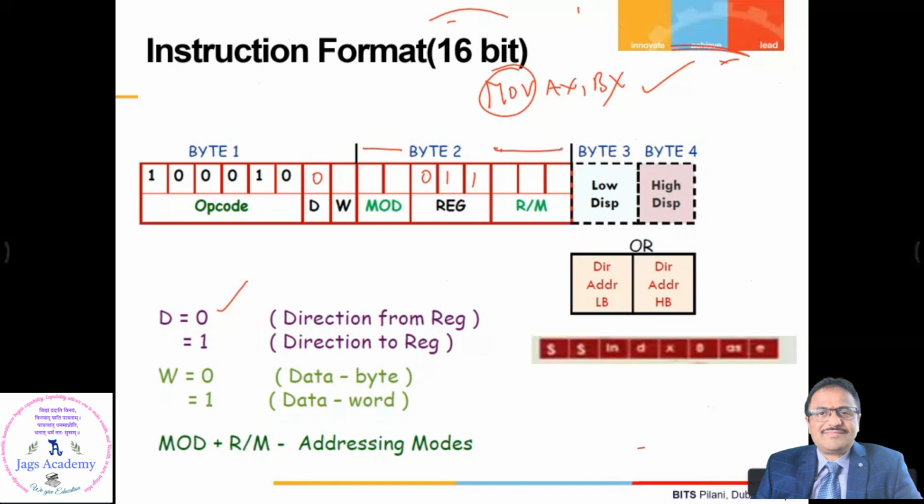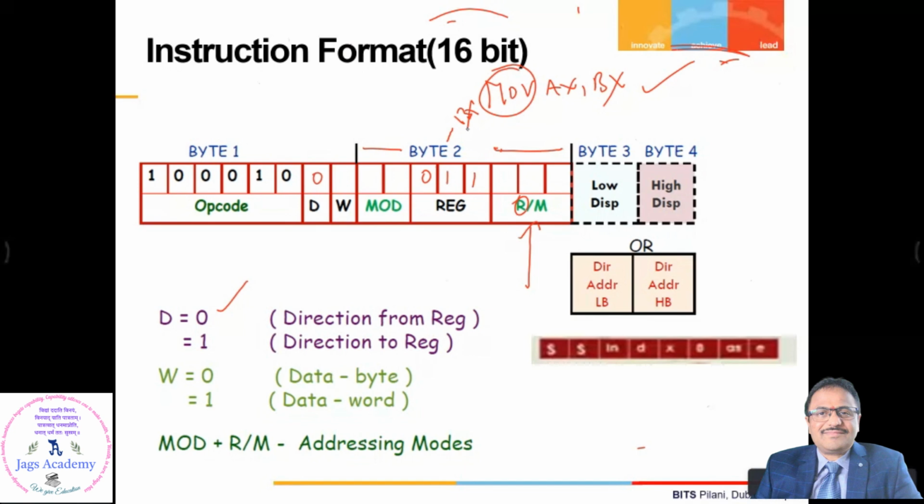You considered that data is going from the register, D equal to 0, and then the register you get here is the register from which data is moving. You selected D equal to 0, so you put register BX.